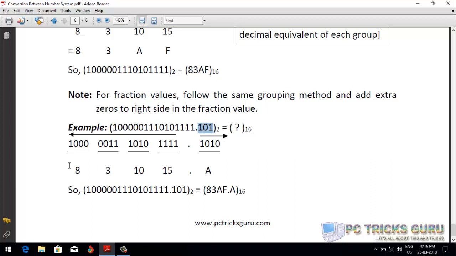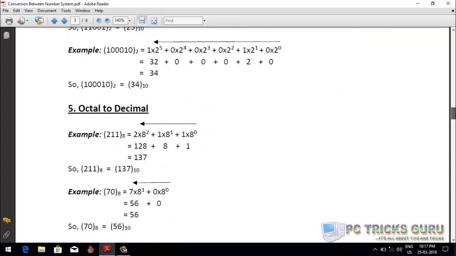Now write down the decimal equivalent for all these values. So 1000 becomes 8, 0011 becomes 3, 1010 becomes 10, 1111 becomes 15, and 1010 becomes A. So this will be the final outcome, 83AF.A base 16.